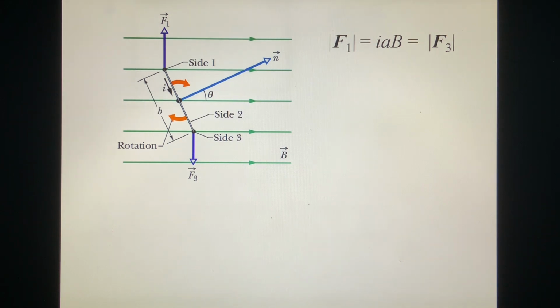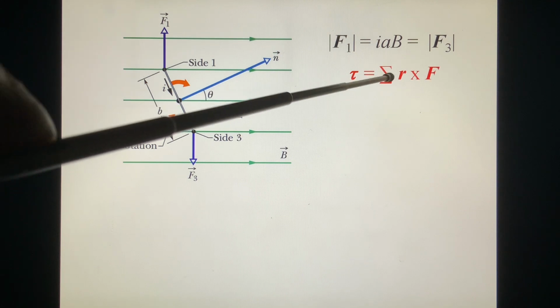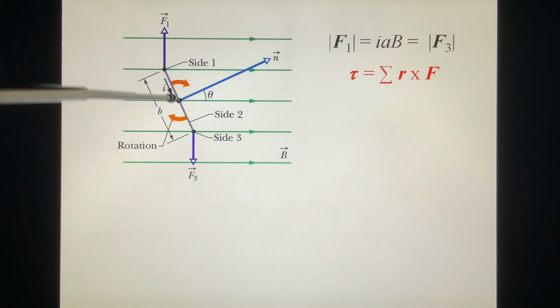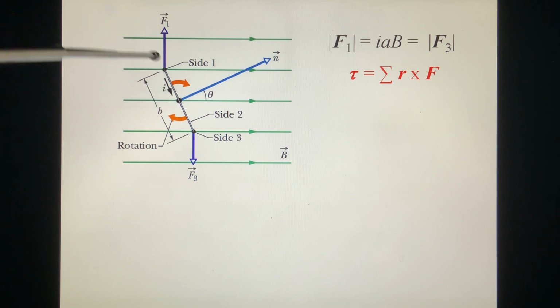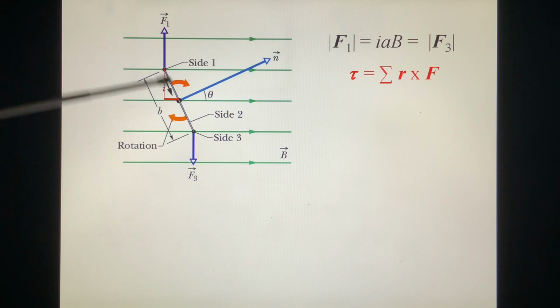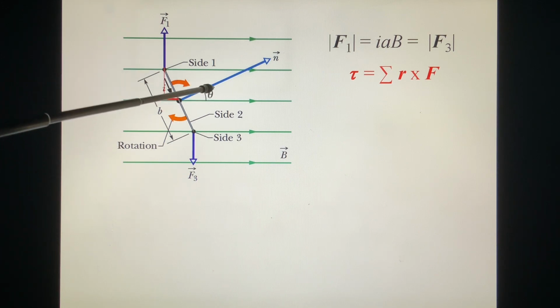So let's see the torque around this point, the rotation axis. We know the torque equals r cross F. This r is this one, and F is this one. The torque around this axis from F1 is F times this distance. This is half of b, and this angle is equal to theta, so this length is half b sine theta.